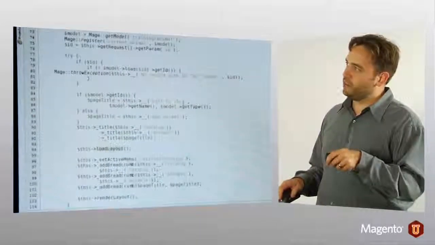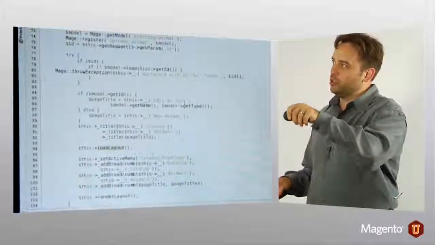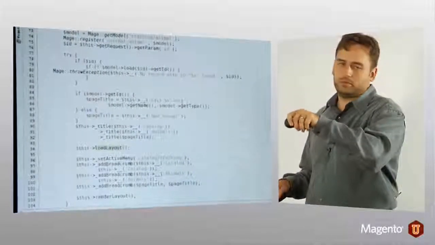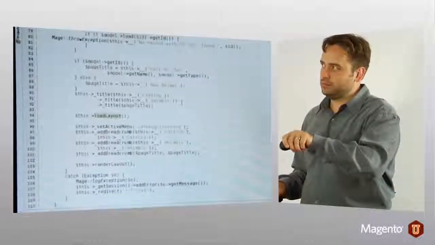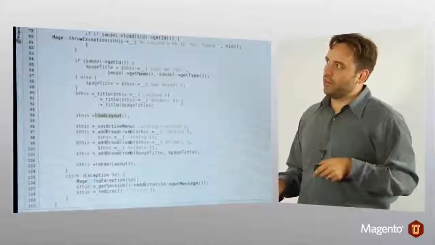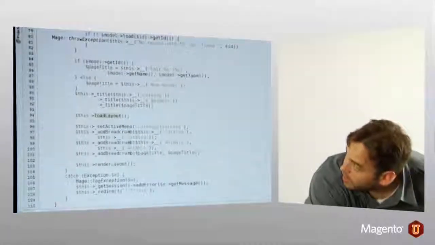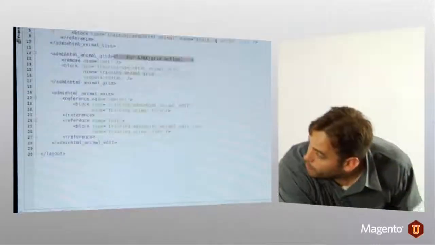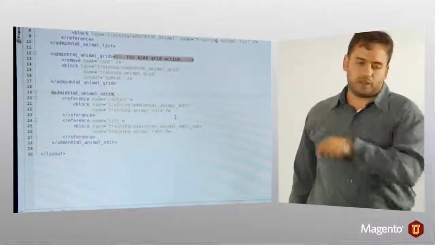But again, the same features, so the different areas here are model load, conditional stuff for page view, and then load layout, render layout. And that, of course, will get the instructions from animal XML edit action and load these two blocks.